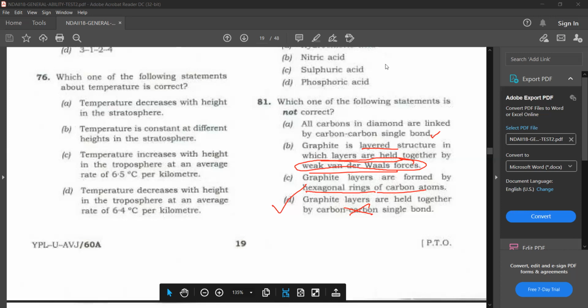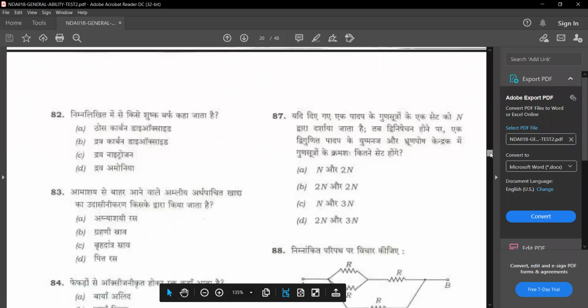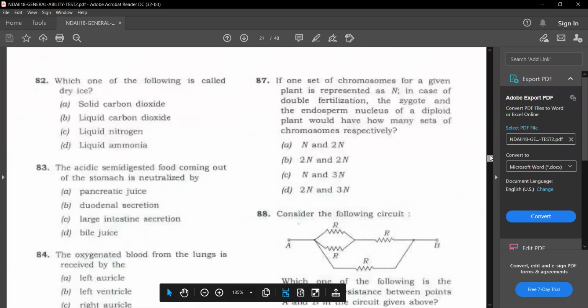Next question. Which one of the following is called dry ice?